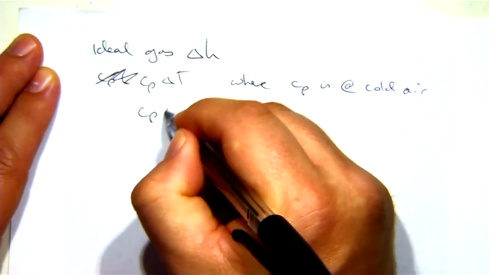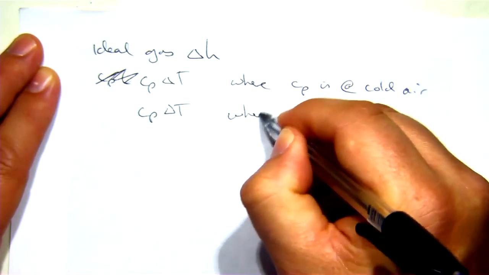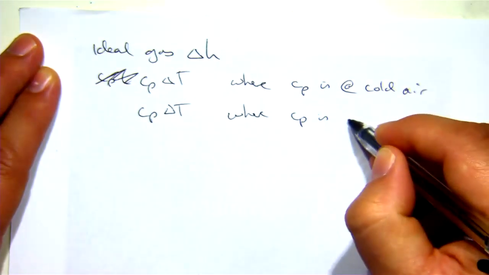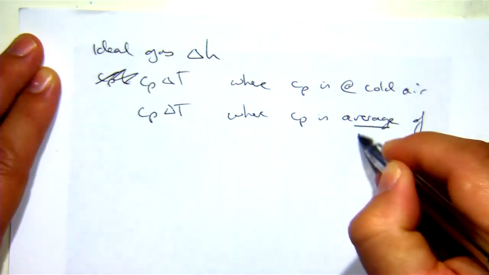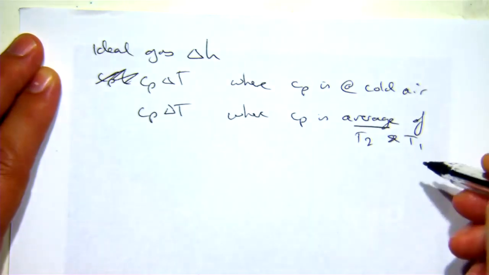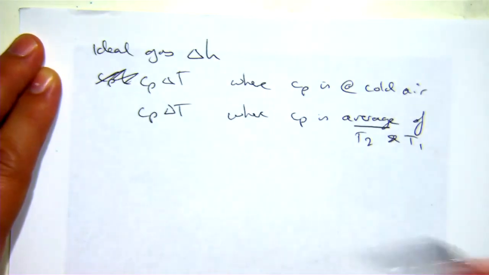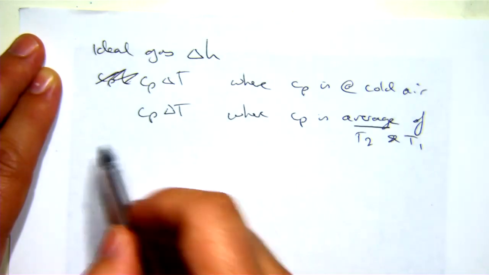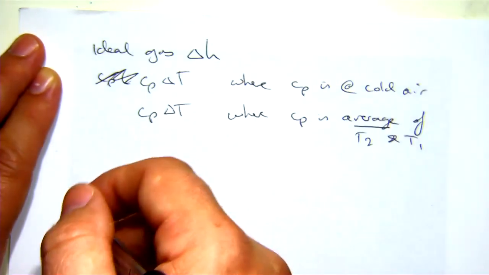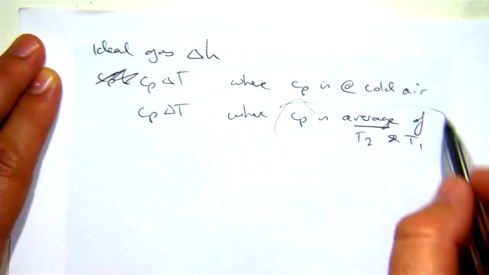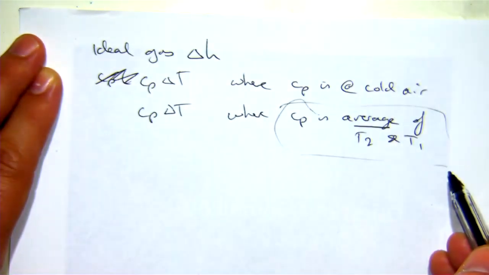You can do Cp delta T, where Cp is the average of T2 and T1 temperature, or H2 and H1. So it's a delta T. If I knew T2 and T1, that would be easy. If I don't, I have to guess and then go back.